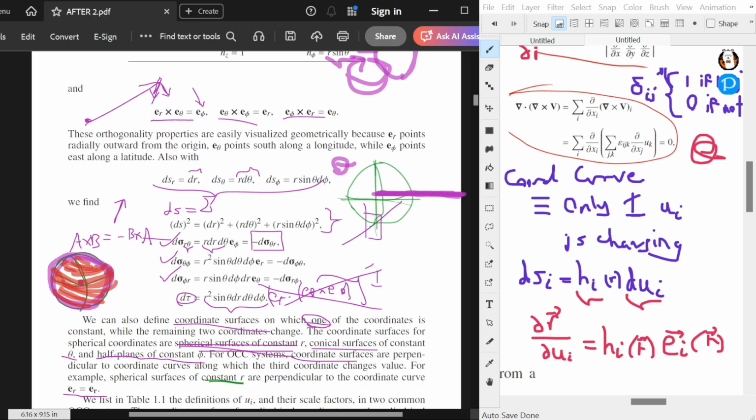And now let's apply phi. For each phi, for this point here, we can go around. Whoa, we can go around here, and here, and here. After all this, you'll see we have a plane.